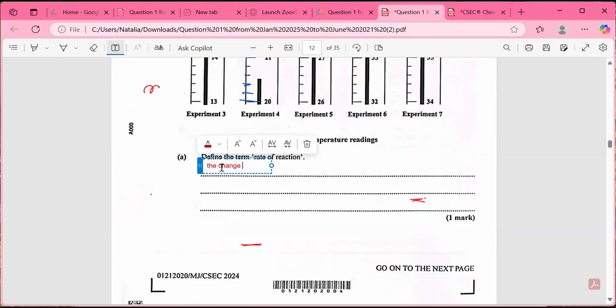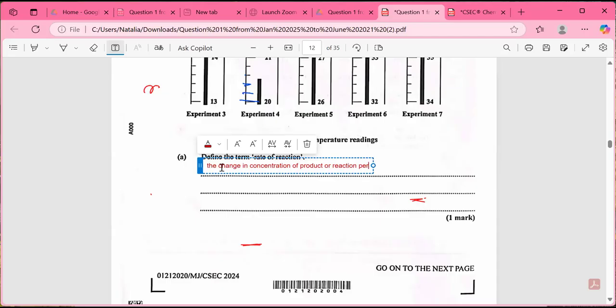The rate of reaction is the change in concentration of a product or reactant per unit time. The rate of reaction is a popular question, number one, and most times they ask for the definition.